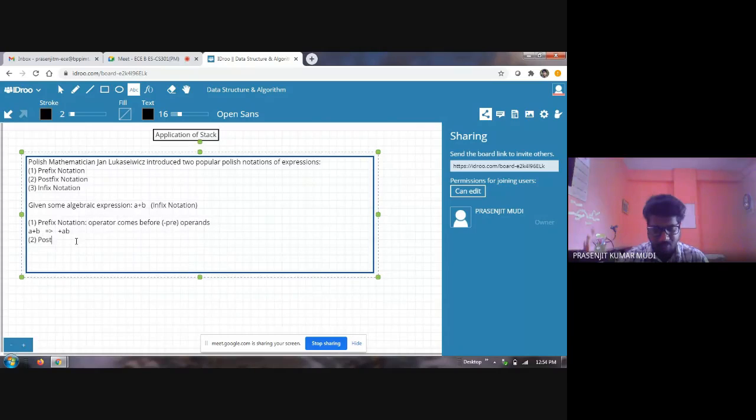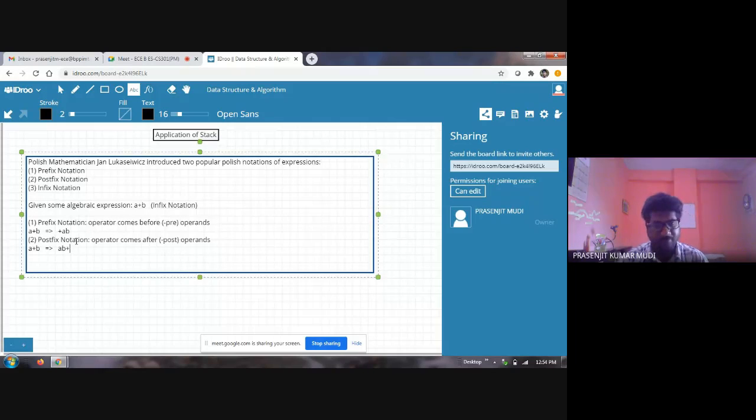Similarly, in postfix notation, the operator comes after the operands. A plus b is written like ab plus.